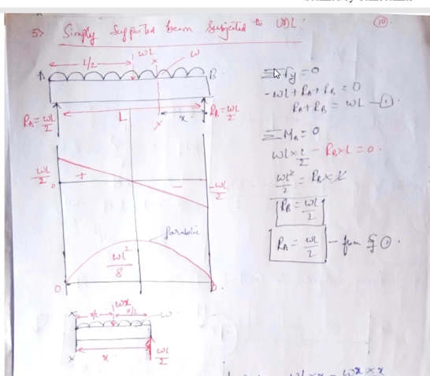Summation of Fx I cannot use, summation of Fy is over, I am getting one equation. Then I can use summation of moment equal to 0. You can take summation of moment about A equal to 0 or about B equal to 0. I am comfortable taking summation of moment with respect to the left end, that is point A, equal to 0. While taking summation of moment about A equal to 0, if the moment is giving me clockwise rotation with respect to this point A, then I'll take positive.